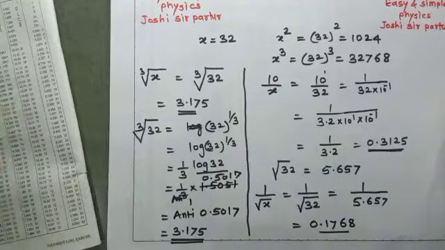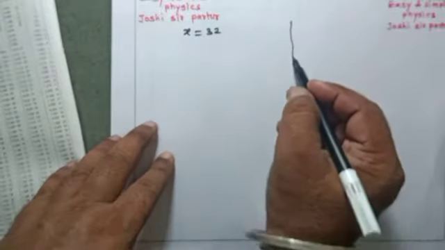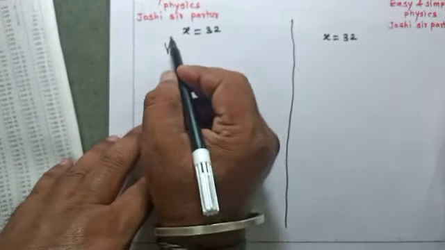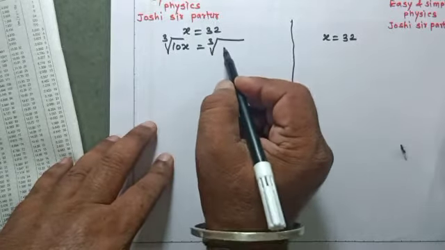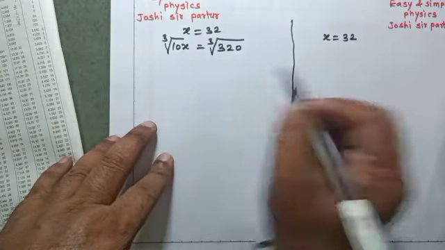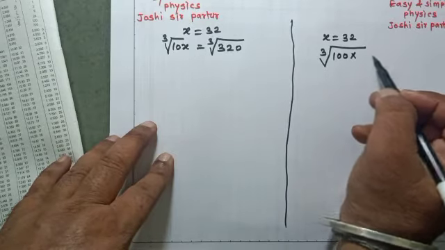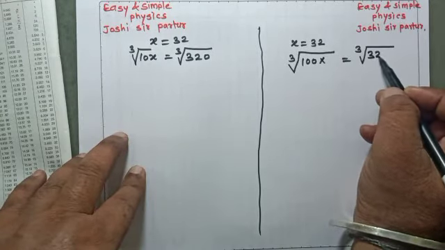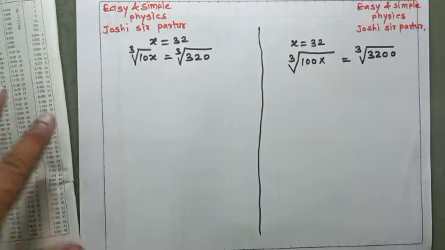When we find the cube root of 10x, with x equal to 32, we write cube root of 320. For cube root of 100x, it is cube root of 3200. Both are multiplied by 10 and 100.